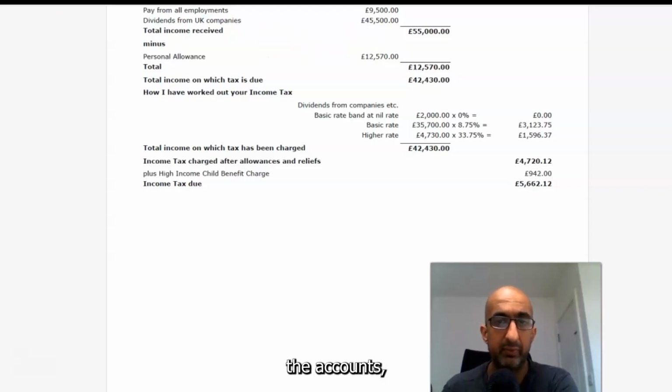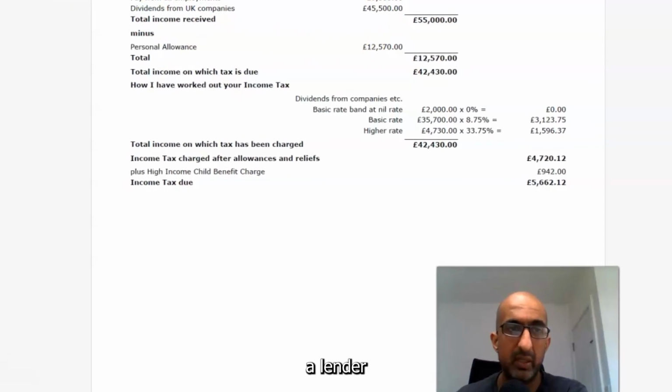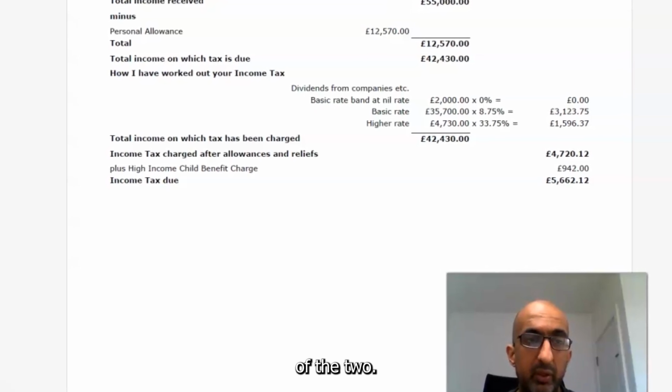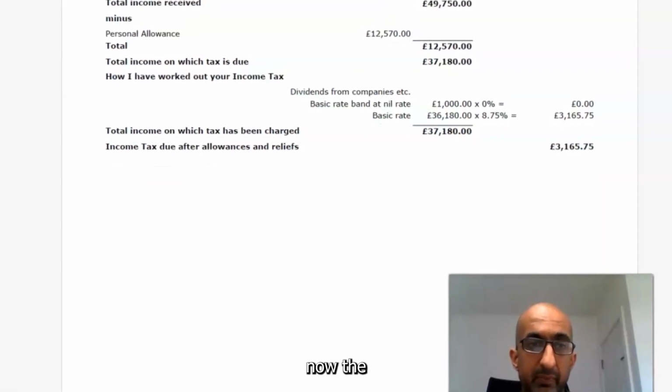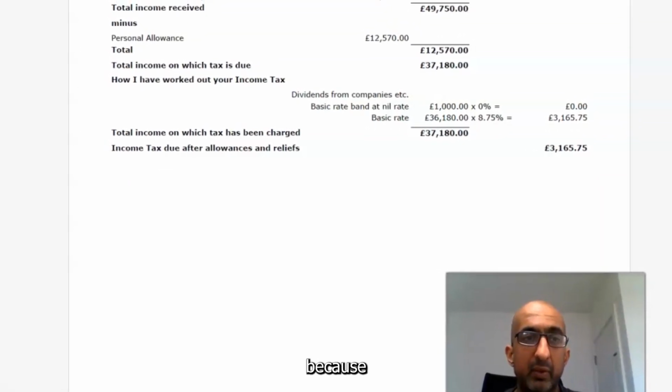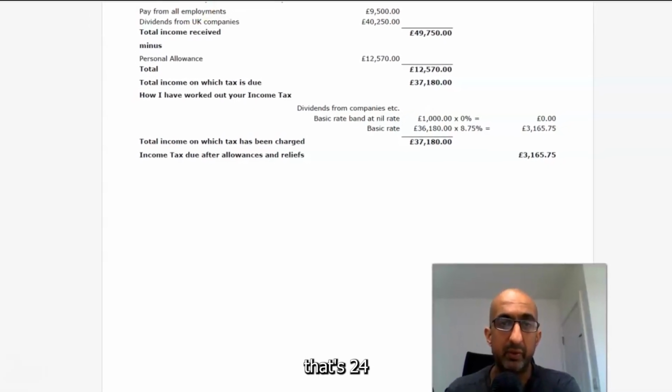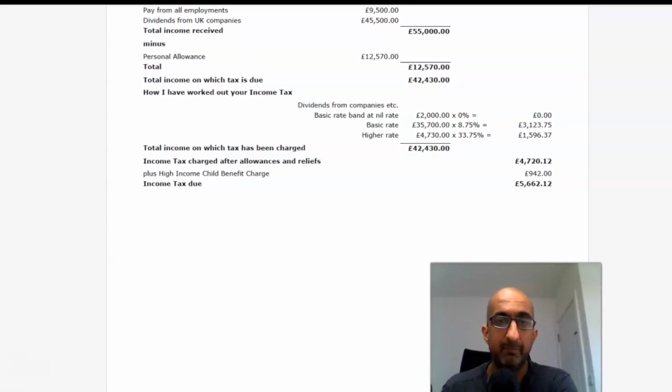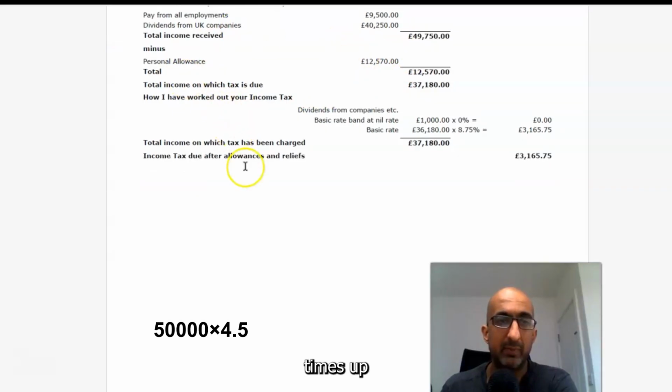If you look at the accounts, a lender would actually use the lower of the two, so it'd use the 49,750, because the average is going down. That's 24 and that's 23. That's what they would take. And now with that, let's say 50,000 times that by about 4.5, that's about 225,000. Maximum might be 250 they can borrow. It's not enough.